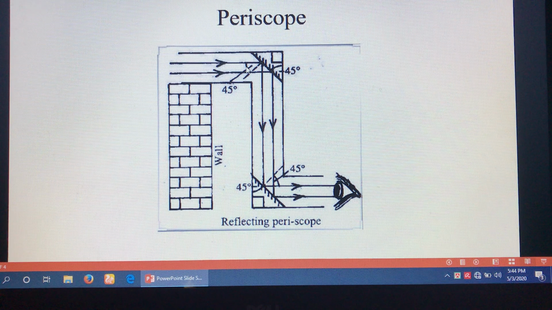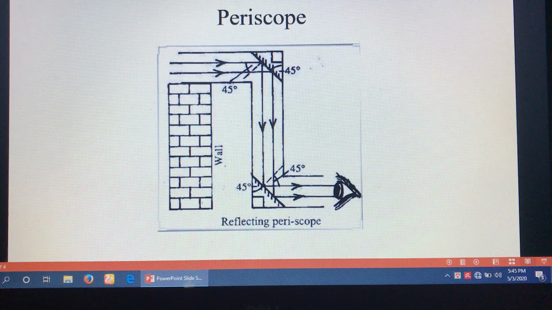This incident ray is reflected by the mirror. At which angle is the light ray reflected? The light ray is reflected at an angle of 45 degrees, because the angle of incidence is equal to the angle of reflection.